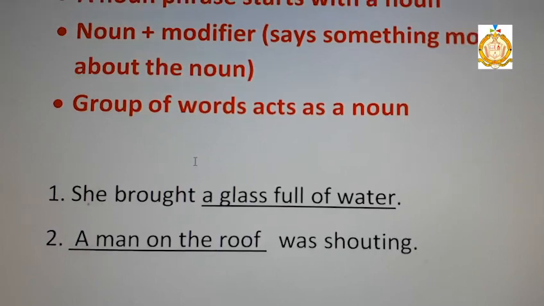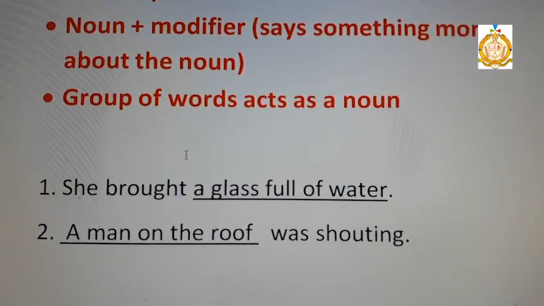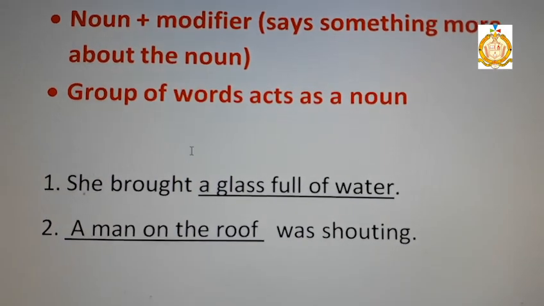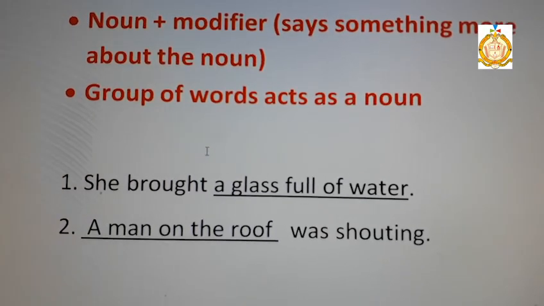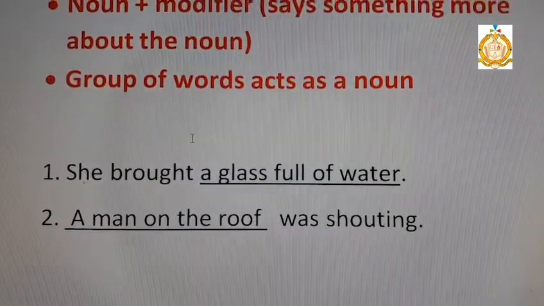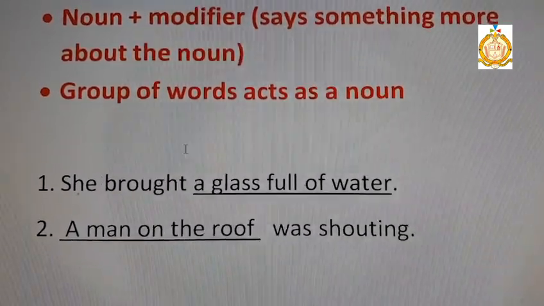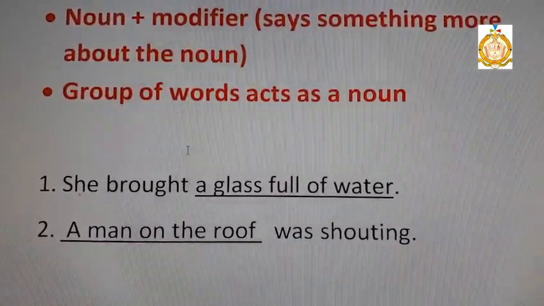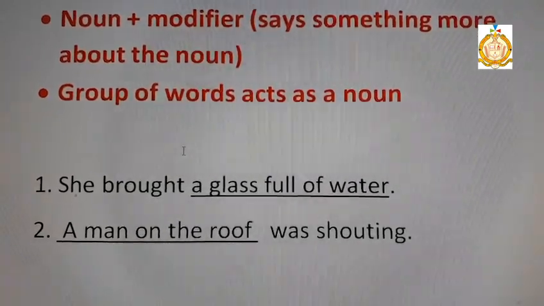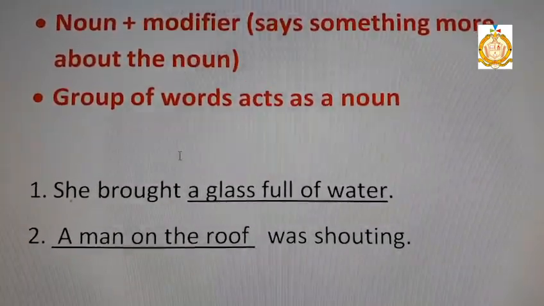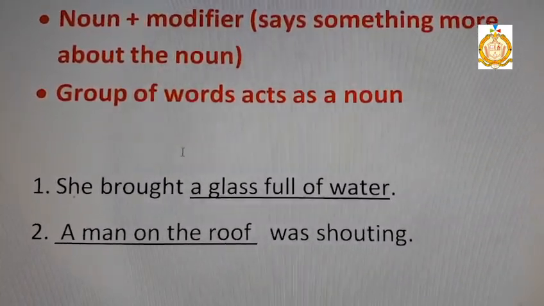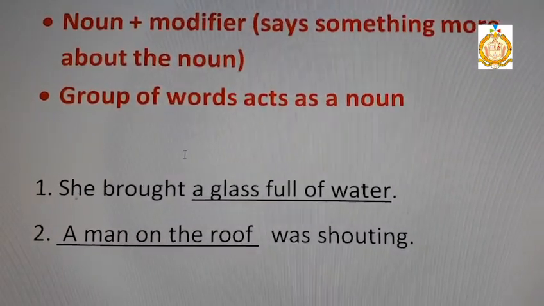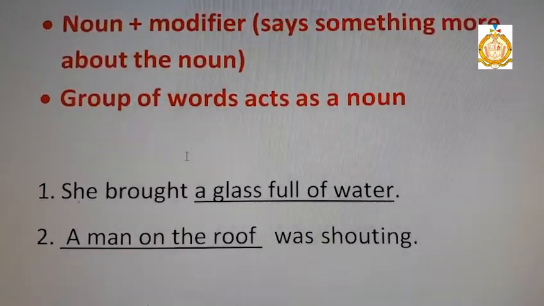And second, we said that along with the noun there will be a modifier. Now, what is the speciality of this glass? A glass full of water. That is a modifier of this noun. And the third point to remember, it acts as a group of words. Now, a glass full of water is a group of words.